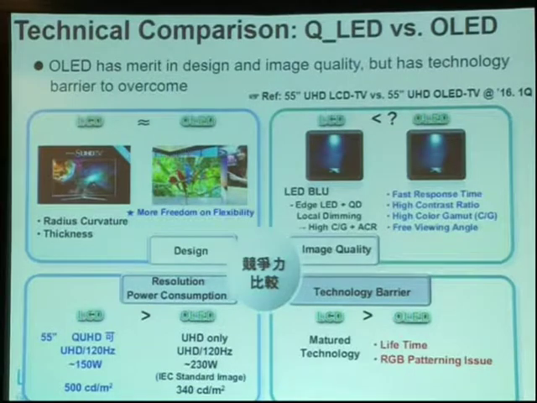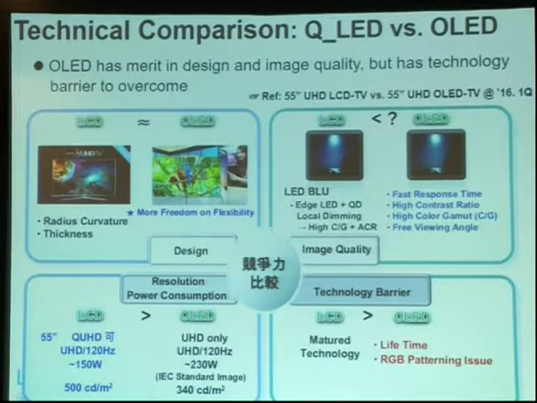Also, power consumption. The LCD power consumption in the case of the 55-inch ultra high definition with 120 frame rate will be around 150 watts, and the maximum brightness is 500 candela per meter square.